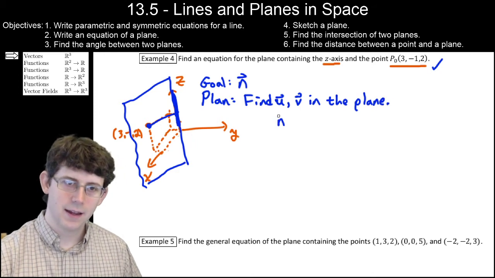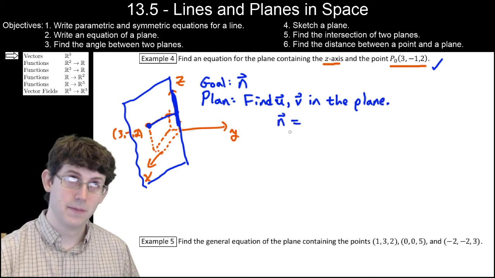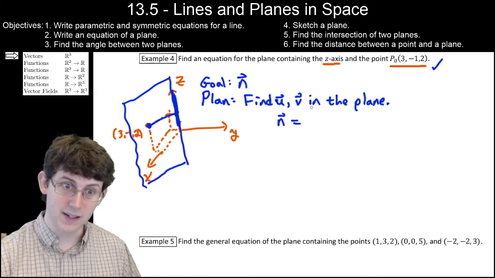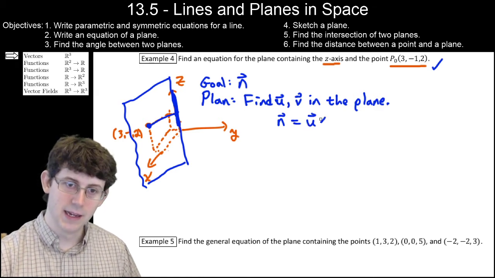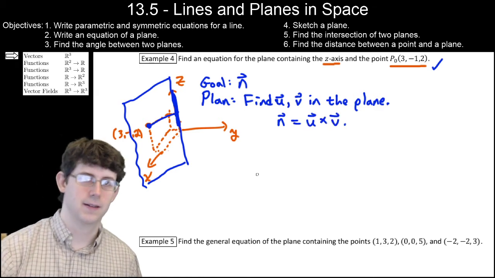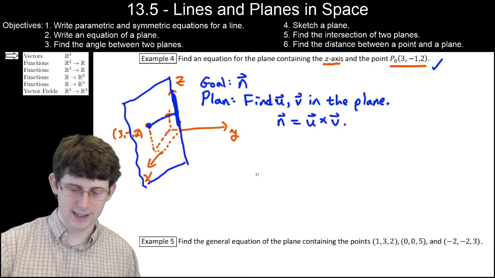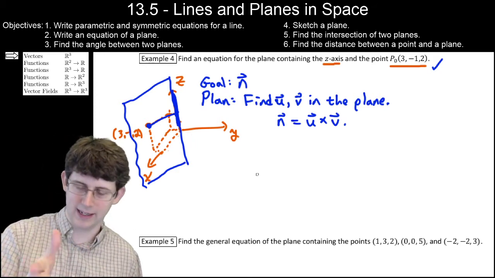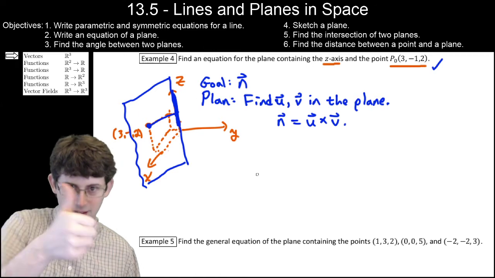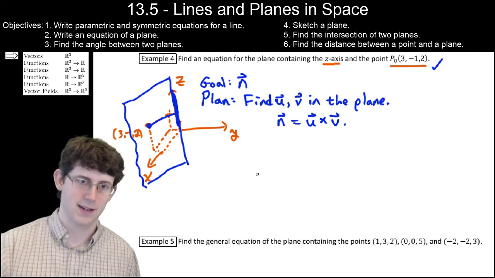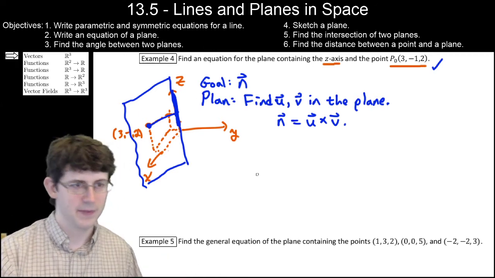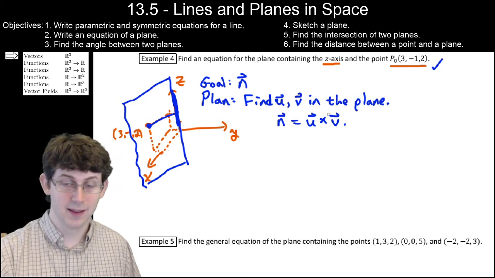If you want a vector that's orthogonal to two vectors, then you can cross them, and that will give you a normal vector. Why? That's how the right-hand rule worked. You point at one, you point at the other, and then your thumb will point at the result. Okay, so we need to find two vectors in the plane.